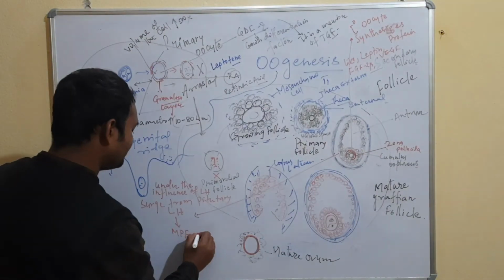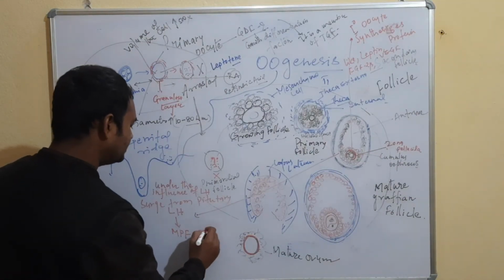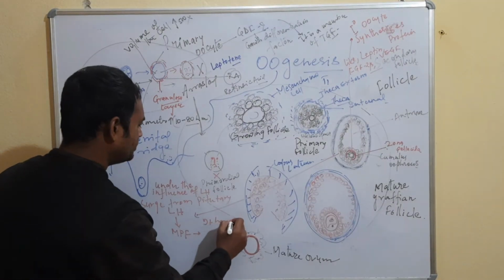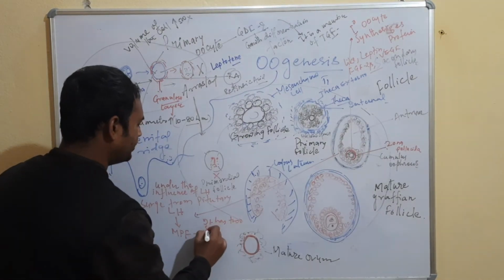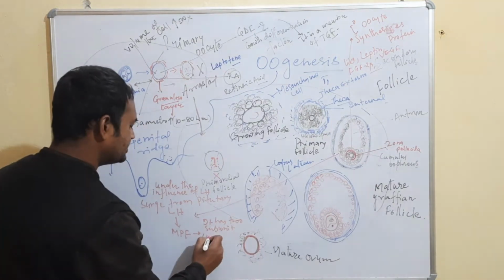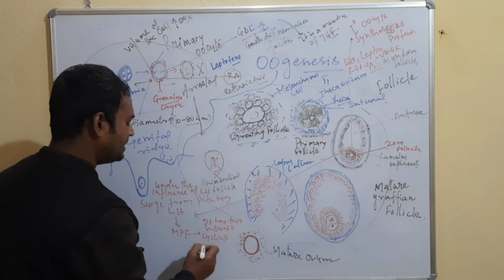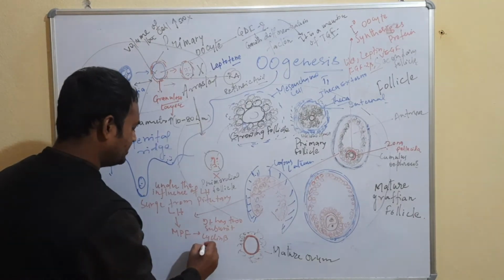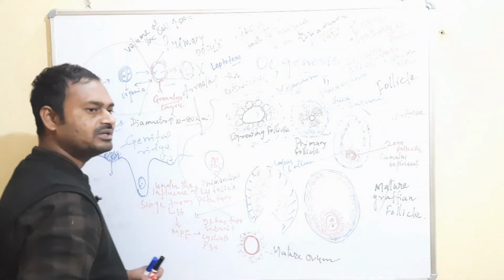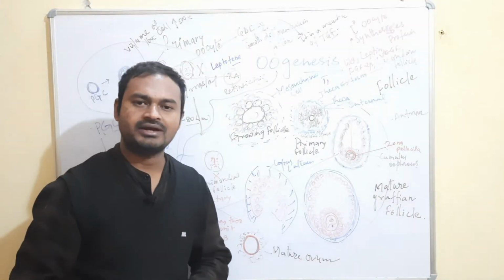What is this MPF? MPF has two subunits. The first one is cyclin B and the second one is P34. Cyclin B, P34 is a cyclin dependent protein kinase.